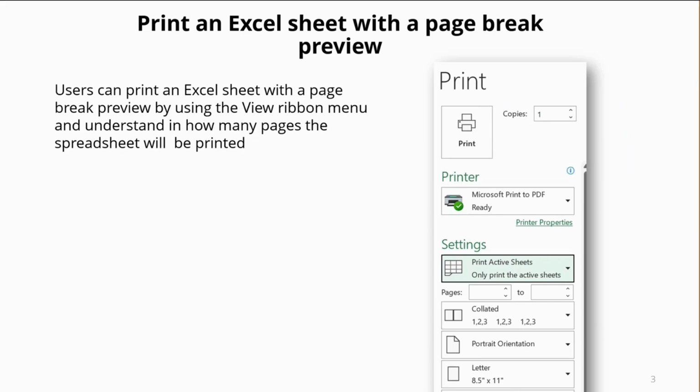The first way is obviously with the page break. Now you remember when we spoke about page break in Microsoft Word as well as in Excel sessions, what is a page break? When you want to shift your content from one page to another page without using enter and keep on inserting a new line, you basically use the page break function to insert a page break and shift your content into the next page.